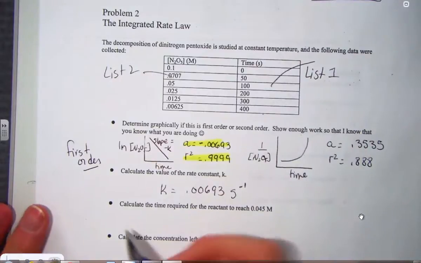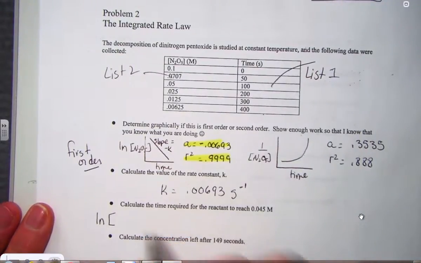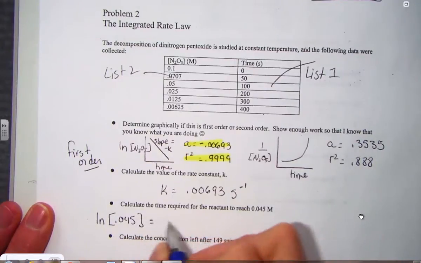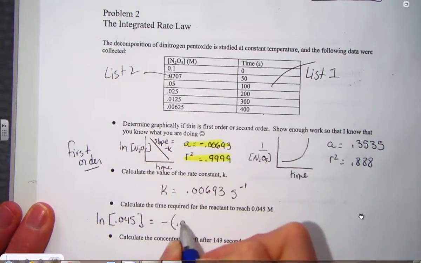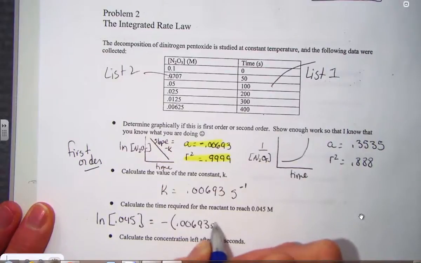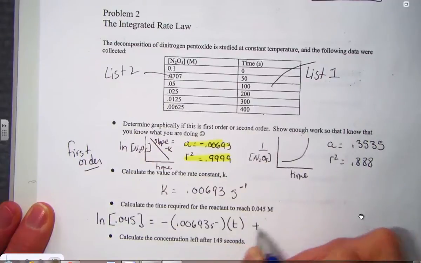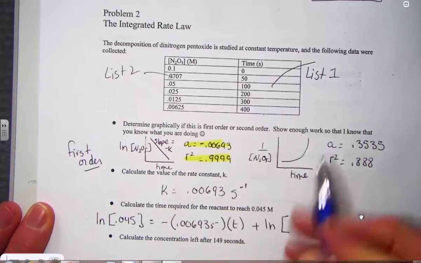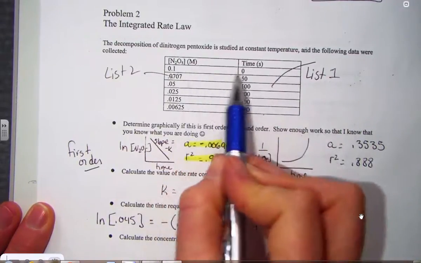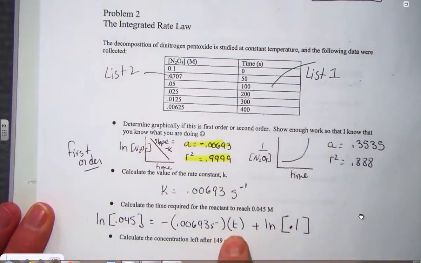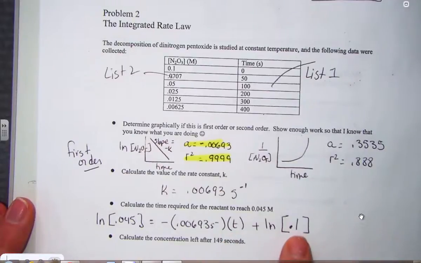The natural log of the concentration after time went by, 0.045, is equal to the opposite of k, 0.00693, we're solving for time, plus the natural log of the original concentration up here from the data table, 0.1. How long did it take for the original concentration, 0.1 molar, to degrade down to 0.045 molar?